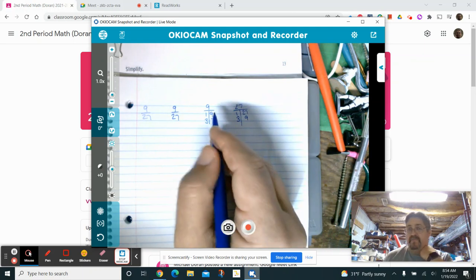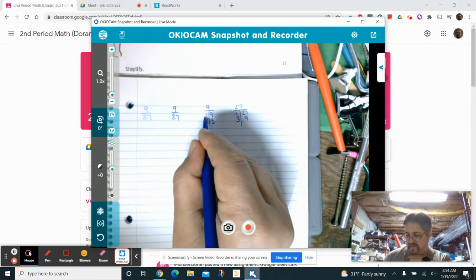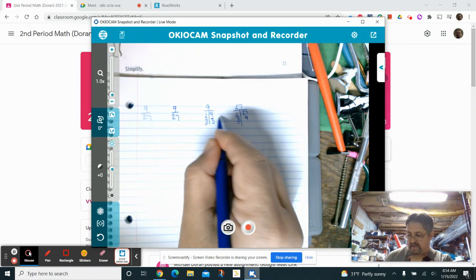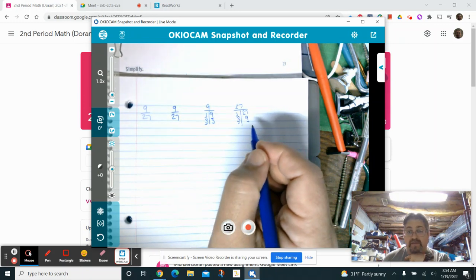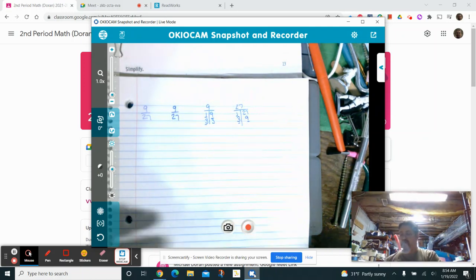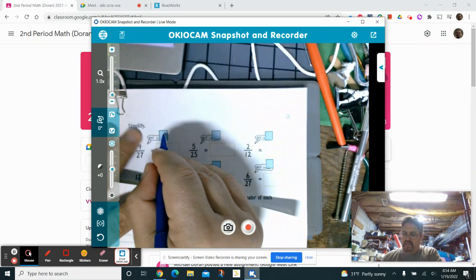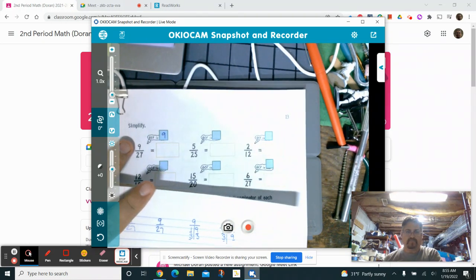Boom. So what are the common factors we have? Both have 1. Both have 3. They both have 9. Our greatest common factor is 9. So our GCF is 9.